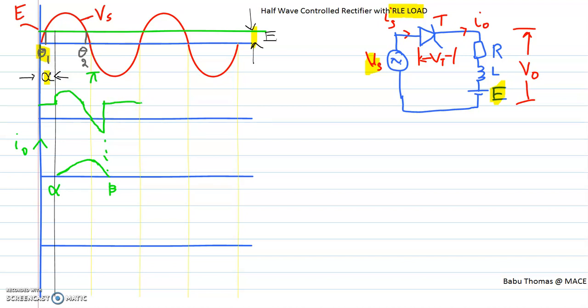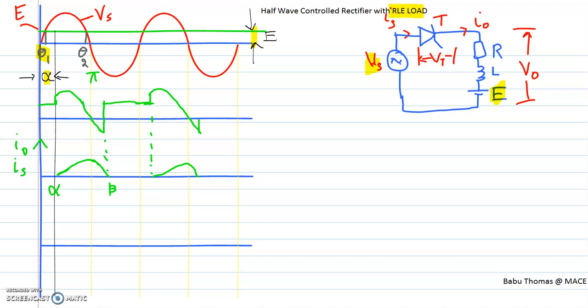Again, at another angle greater than 2π plus θ1, it gets fired and moves like this. At that time your current I0 will increase like this and then come down. Now you can see that the output current here is the same as the source current, and therefore I can denote it also as Is.